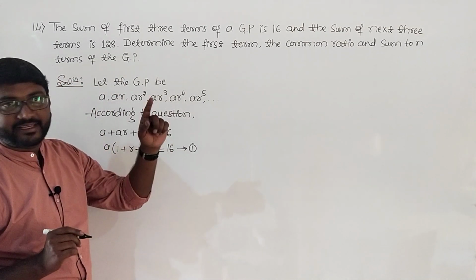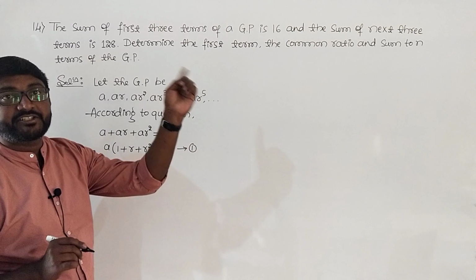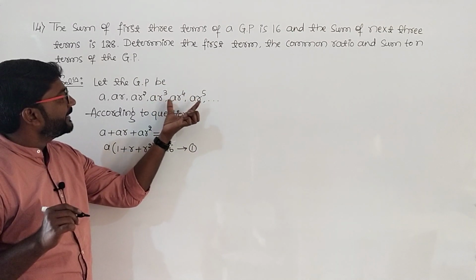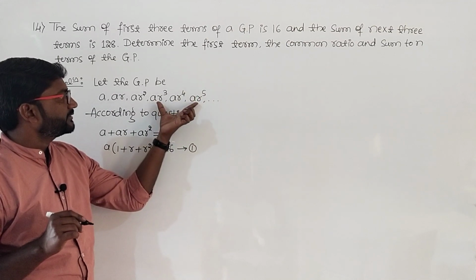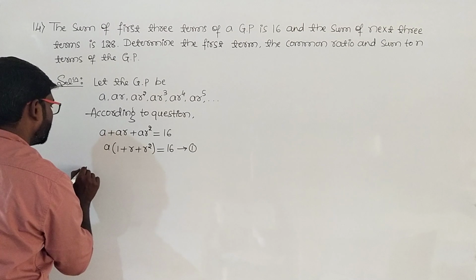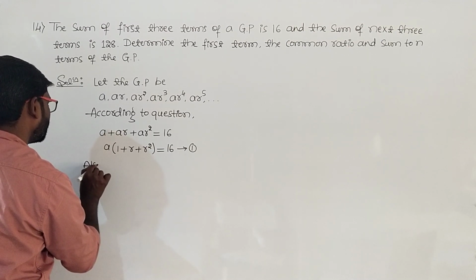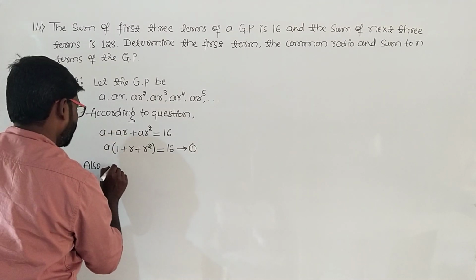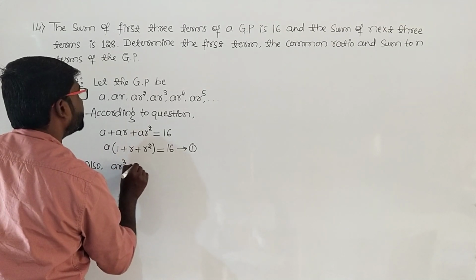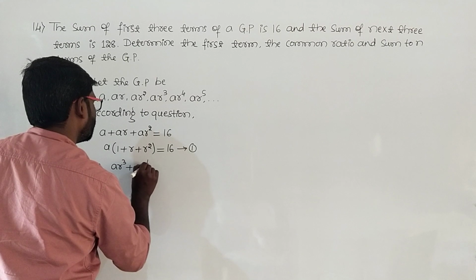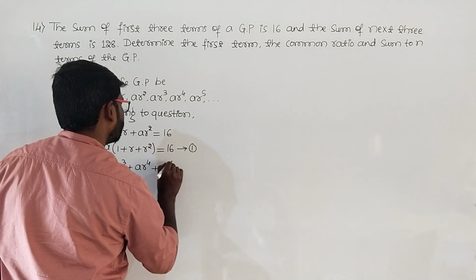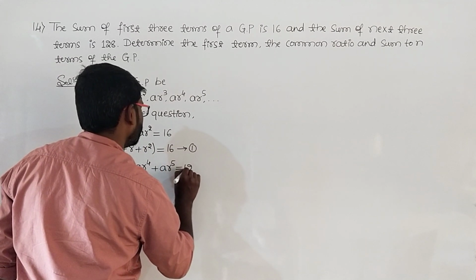And then go for the second case. And the sum of next three terms means A into R cube, A into R raised to 4, A into R raised to 5. You have to take the sum of these three terms. It is going to be 128. Also given, A into R raised to 3 plus A into R raised to 4 plus A into R raised to 5, which is equals to 128.